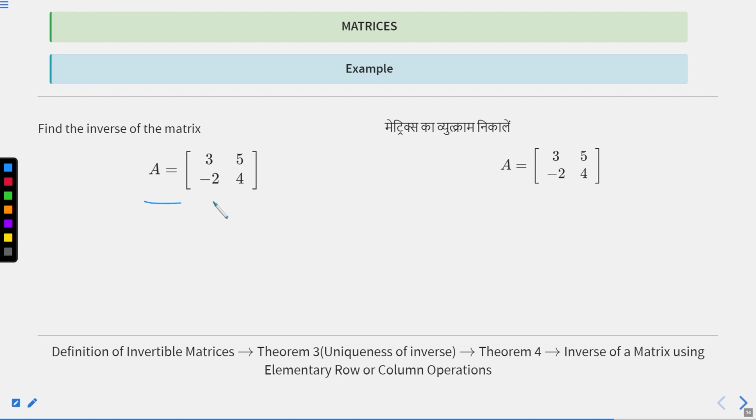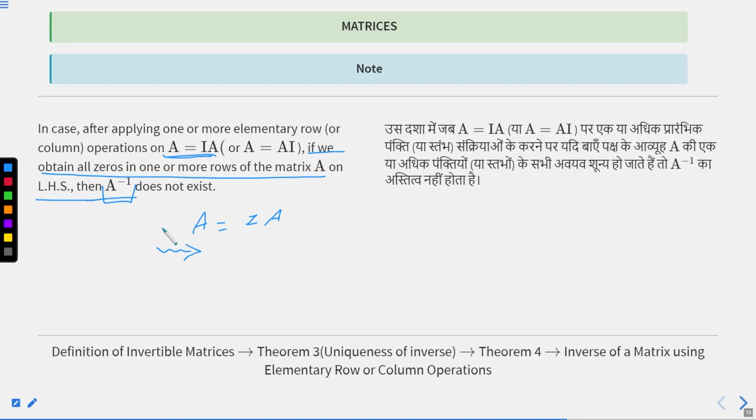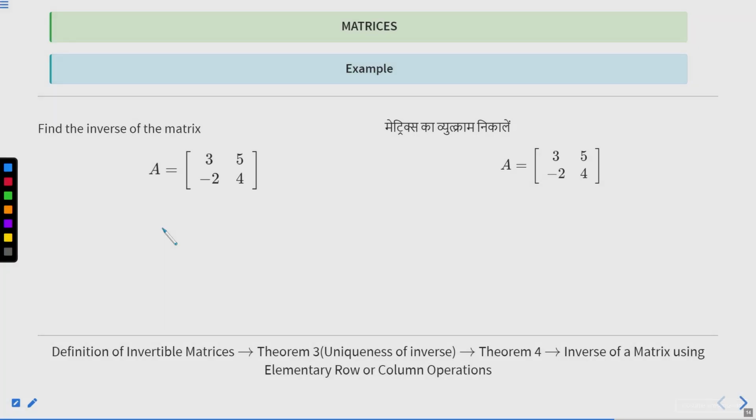Now let's see how we are going to find the inverse of this. First of all, as we already saw, for row operations we write A is equal to IA. Now, what type of thing do we want? We want I is equal to BA.